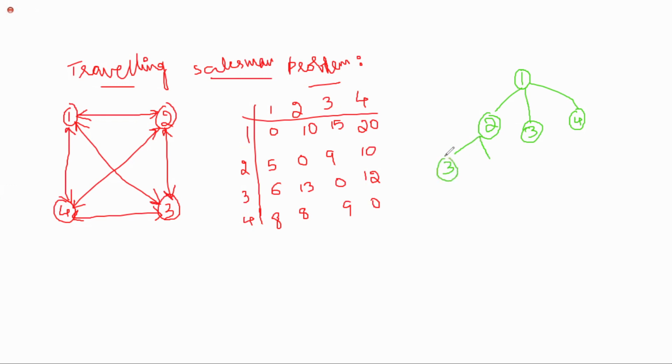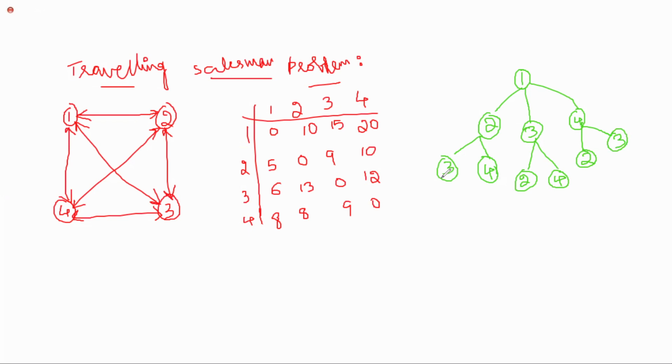The possibilities are 3, 4, because I already visited 1 and 2. Same concept if I apply here: 1 and 3, next I can visit 2 as well as 4. Same concept here: 1, 4 already visited. What are the remaining possibilities? 2 and 3.